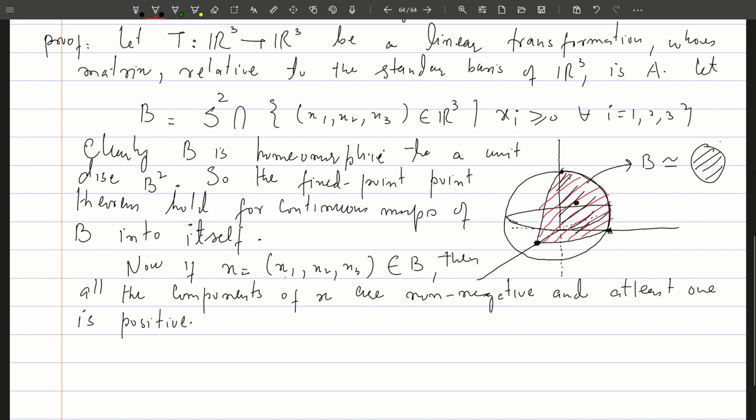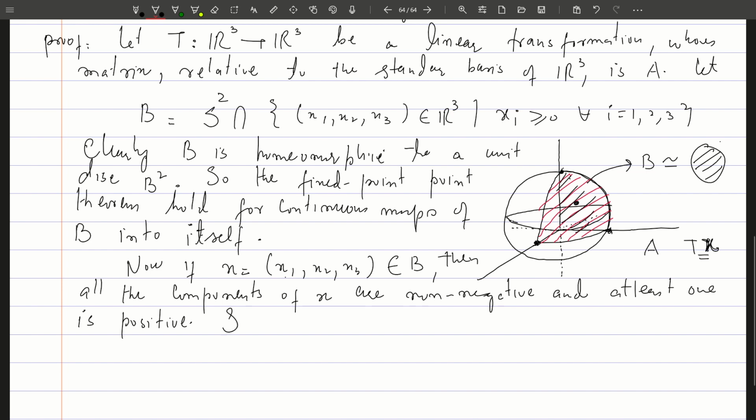Now our matrix A is given to be a real matrix with all entries positive real numbers. That means if we look at the vector Tx, this will be a vector whose all coordinates are positive.